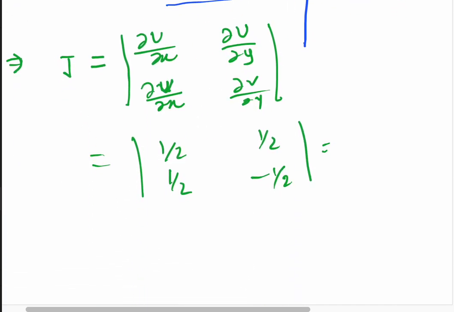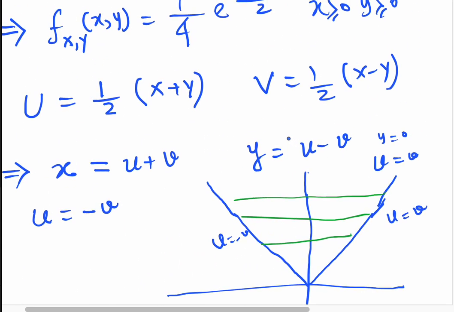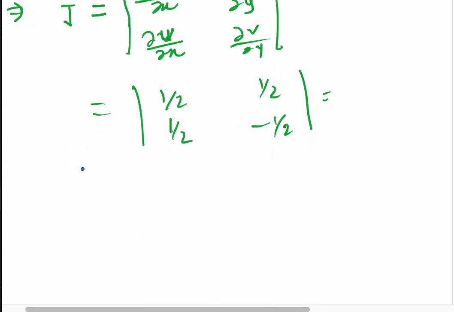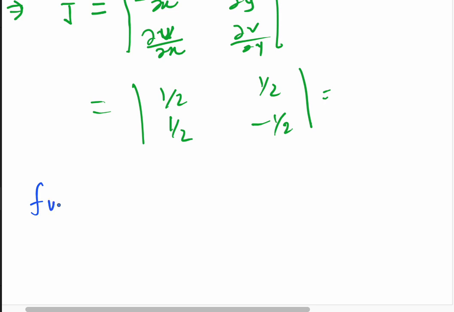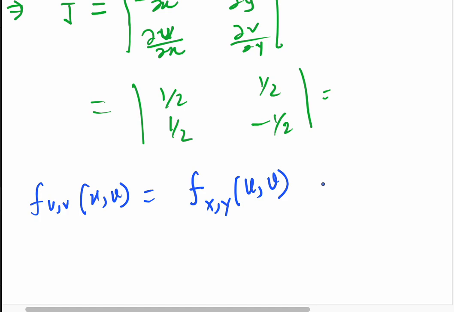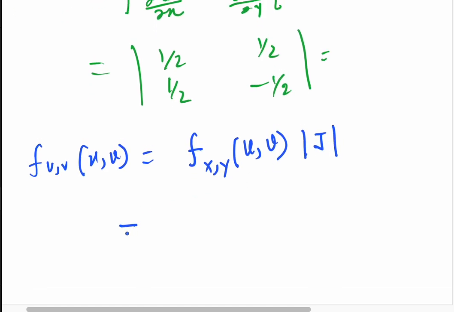Now we have to write the distribution of uv. That is f of uv equals f of xy in terms of u and v, times the modulus of the Jacobian.